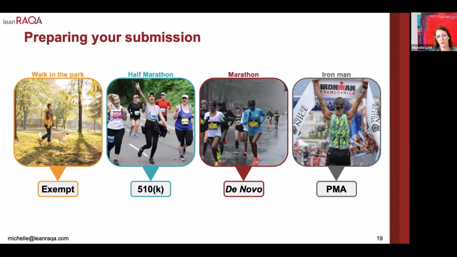Class 2 devices usually require 510Ks, but there's a very small subset that are exempt from 510Ks. Then there's the de novo, which means of new. And then there are those class 3 devices that require pre-market approval. And that's a little bit more like training for an Ironman.